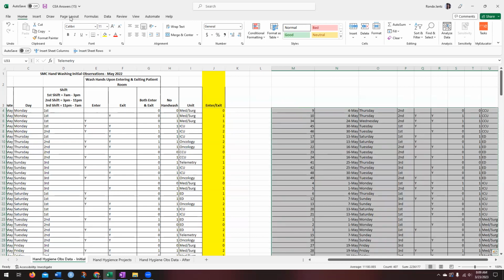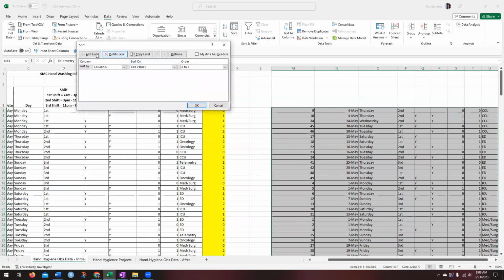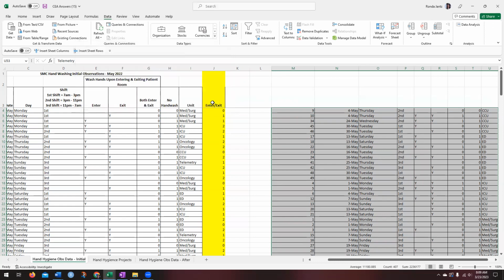And then I went to data and sort. And it'll ask you what you want to sort by. In my instance, I wanted to sort by column U. It may be different however you copy and paste it over. You're going to want to sort by unit right here.